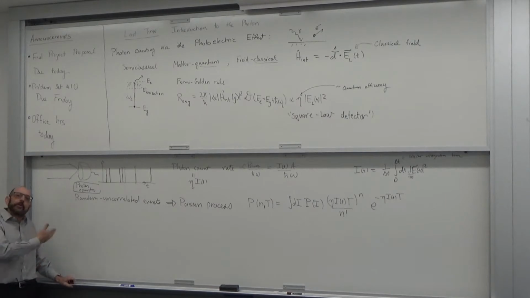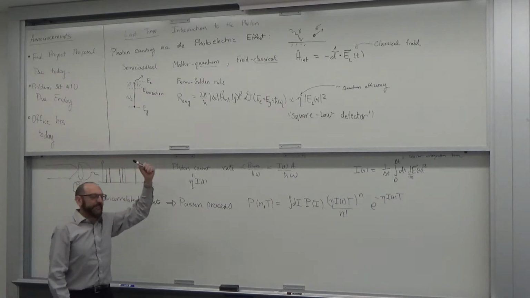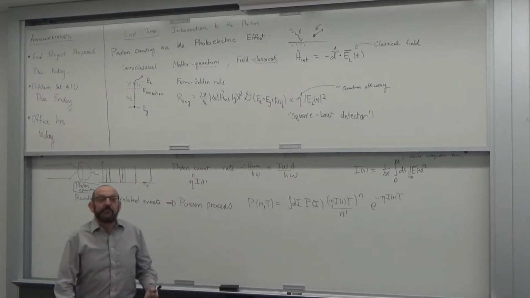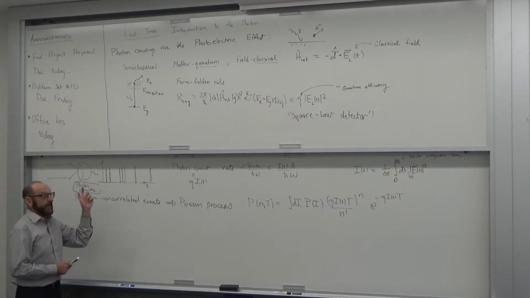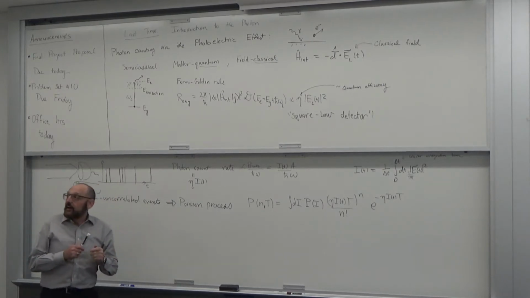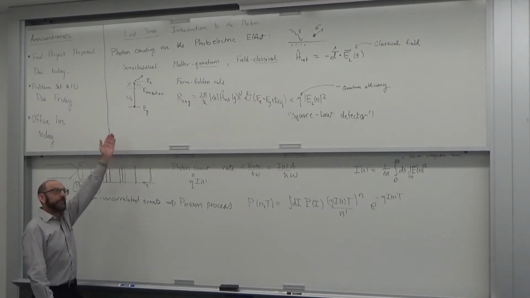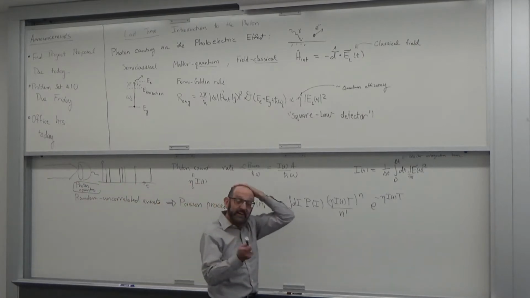And the degree to which this ionization process is random, uncorrelated from instant to instant, means we expect this to be a Poisson process. The randomness here arises from the random photoionization events. Okay. Now, of course, there's a lot of subtlety here.